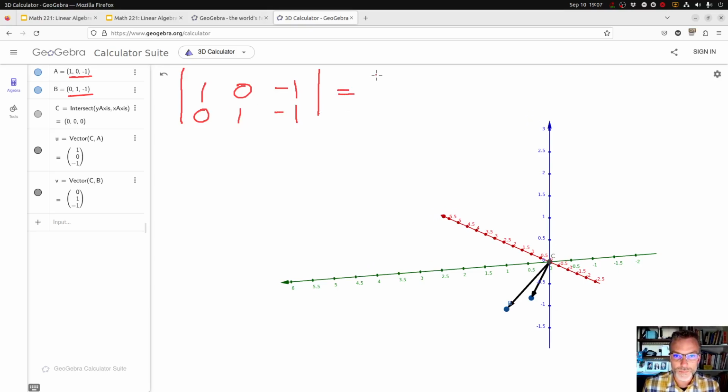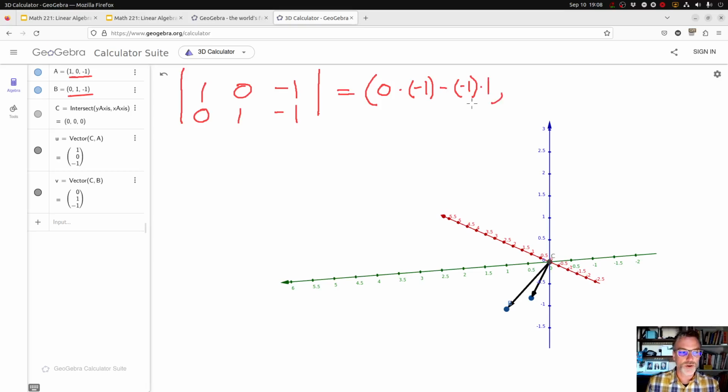Okay, so I'm going to find their cross product, and I'll do that by ignoring this first column, then taking the product of 0 and negative 1 and subtracting the product of negative 1 and 1. So it's kind of like I do a cross between these four numbers here. Okay, so let's try that. I go 0 times negative 1, then I subtract negative 1 times 1.